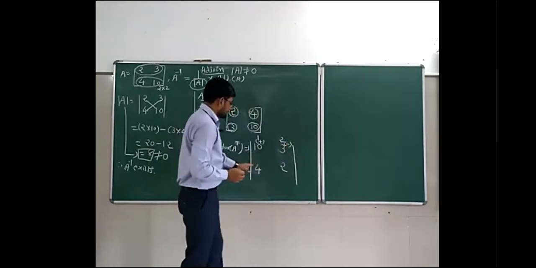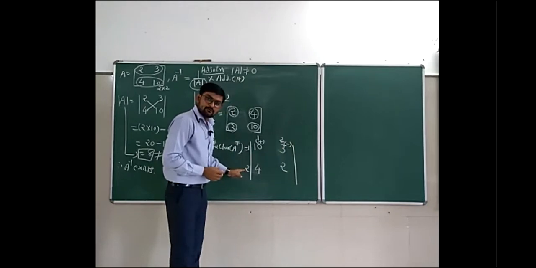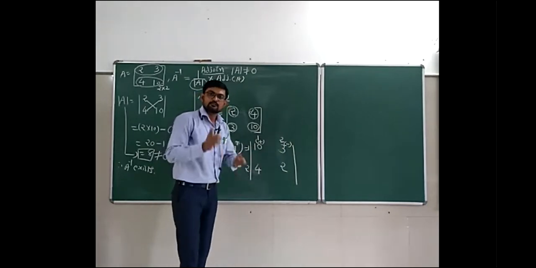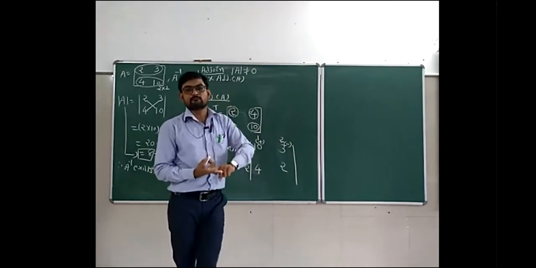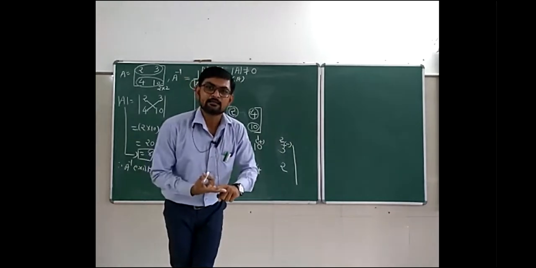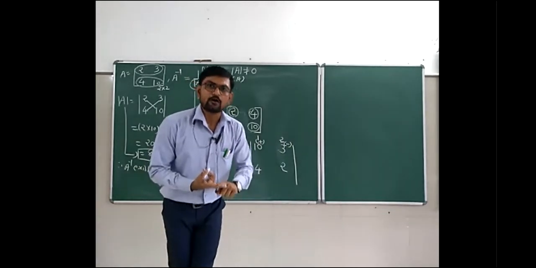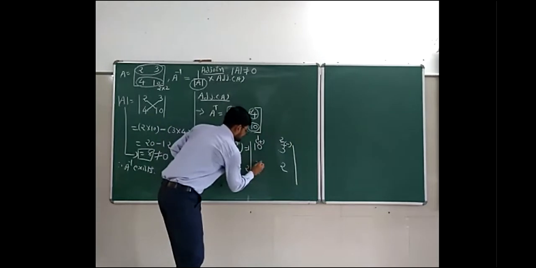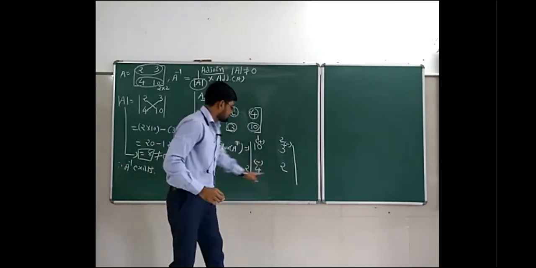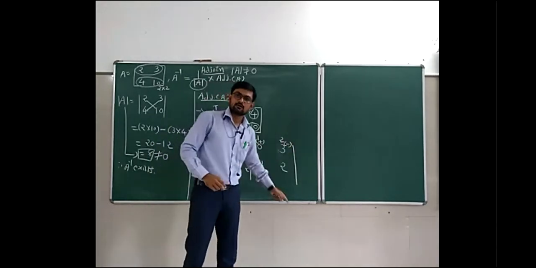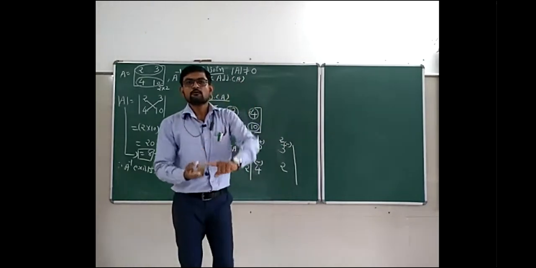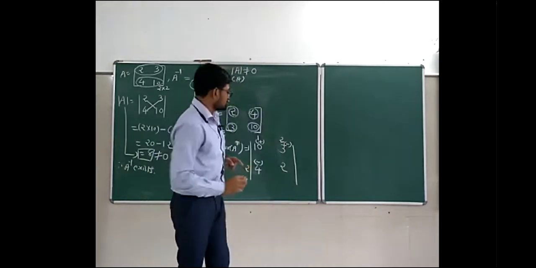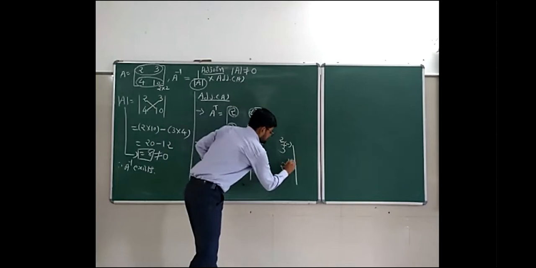Clear? Again, this is the element of second row, first column. Second row means 2, first column means 1. 2 plus 1, 3. Even or odd? Odd number. So negative sign. And this is the element of second row, second column. 2 plus 2, 4. So use positive sign because 4 is an even number.